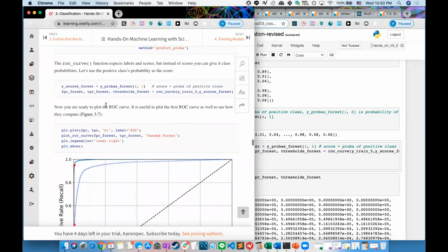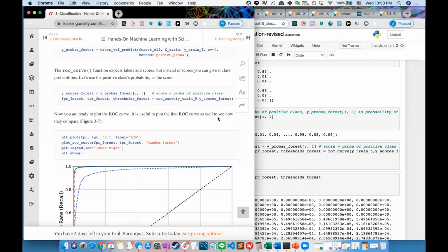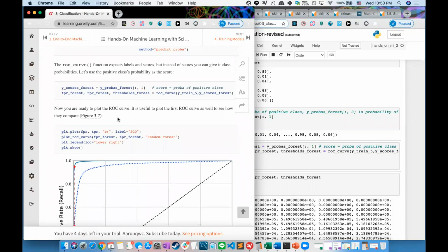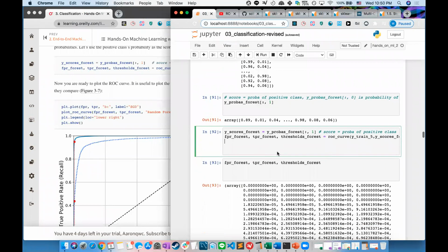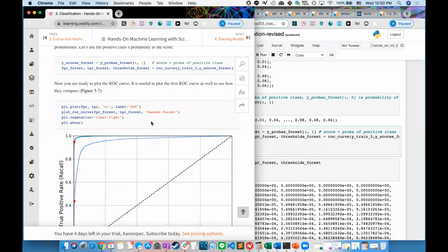Now you are ready to plot the ROC curve. It's useful to plot the first ROC curve as well, to see how they compare. So we're trying to compare the ROC curve of the SGD classifier, or SVM underneath that, and the random forest classifier, and see which one is better.